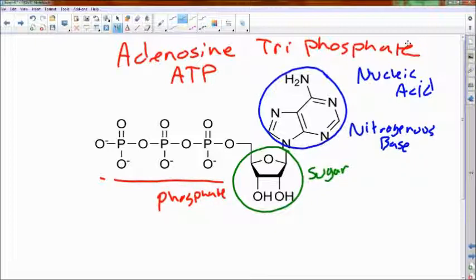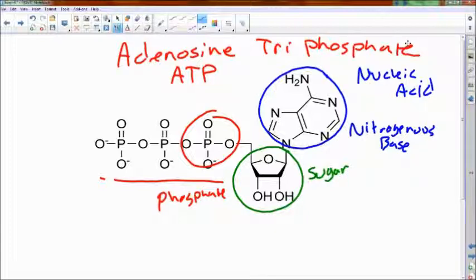In fact, adenosine triphosphate is very closely related to DNA in its structure. The big difference is in DNA, there's only one phosphate group. In adenosine triphosphate, there's three. It's right in the name.